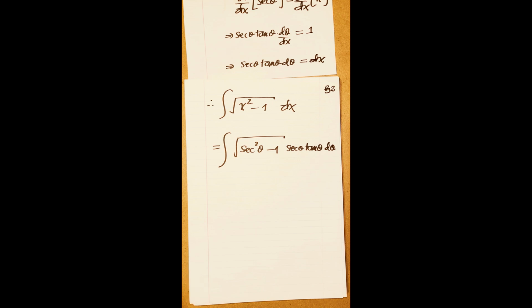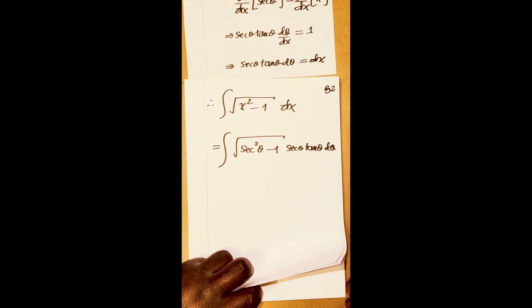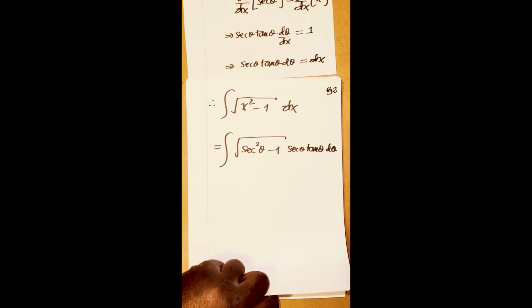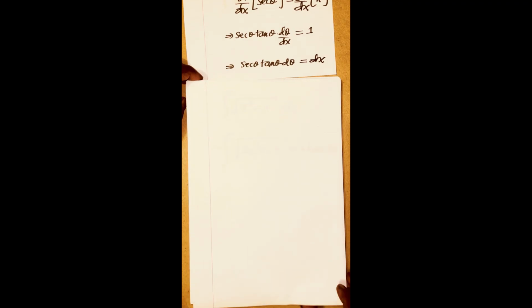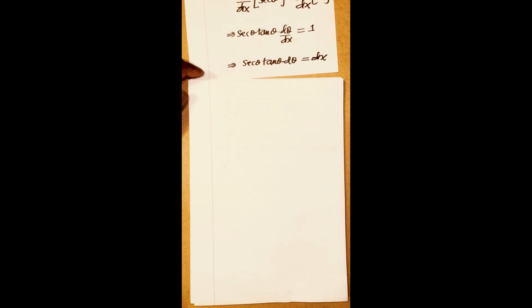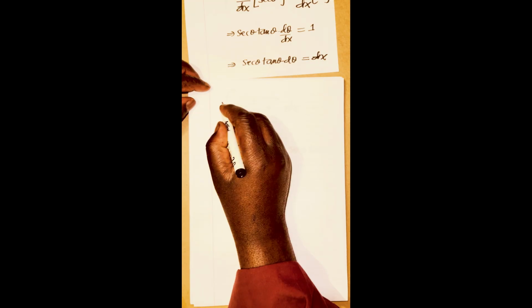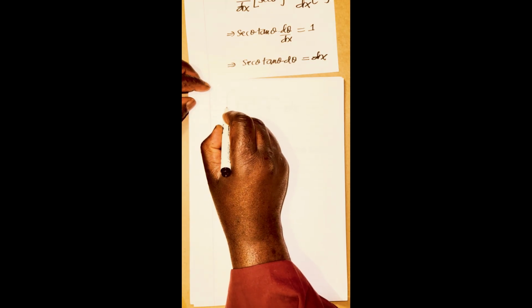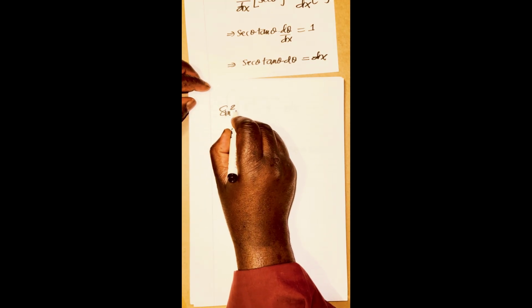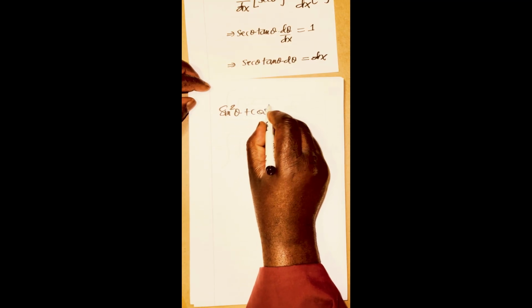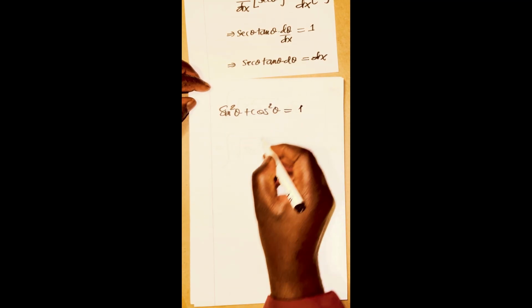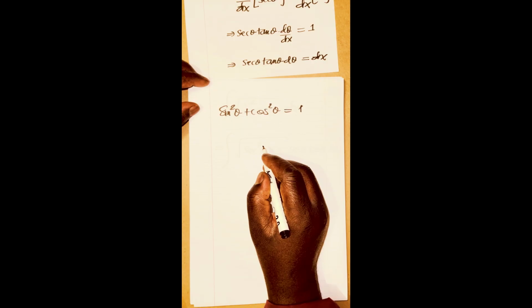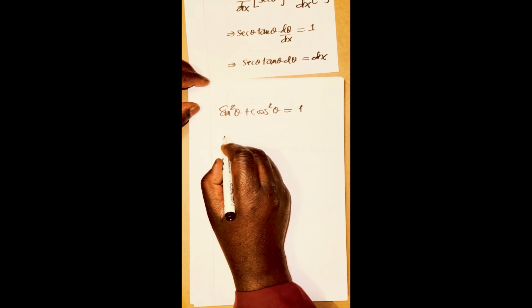If you recall, and I keep reminding you of this in most of the videos, we are going to use the trig identity sine squared of theta plus cos squared of theta is equal to 1, and we divide throughout by cos squared of theta, assuming cos squared of theta is not equal to 0.